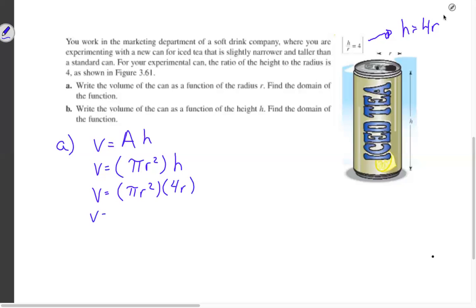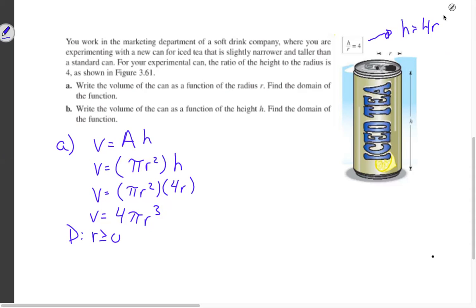So the volume of my new can is 4 pi r cubed. It says find the domain of the function. I wrote the volume of the can as a function of the radius. I'm only using r. So my domain is, my radius needs to be greater than 0 inches or 0 centimeters.